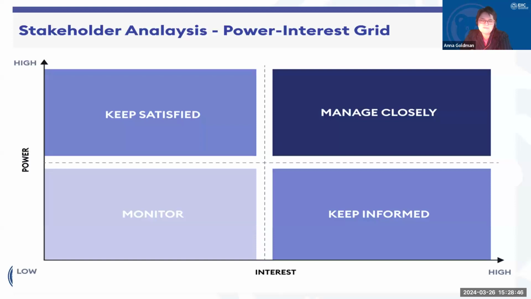Anybody else? I just dropped a list too of some of the ones that were listed. Oh, thank you. Yeah, so okay, I'm going to go by participants. All right, who do we want to pick on? Well, how about Amy? Amy, what stakeholder do you think should go in the manage closely quadrant from the ones that Jen shared?